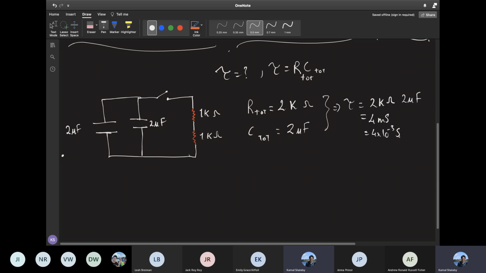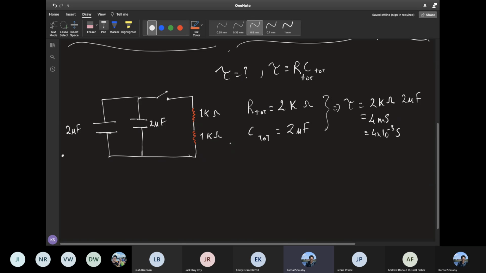So the time constant of this circuit would be 4 milliseconds. If you only had one resistor, it's going to be 1, and it's going to be 2 milliseconds. So it's going to decrease.